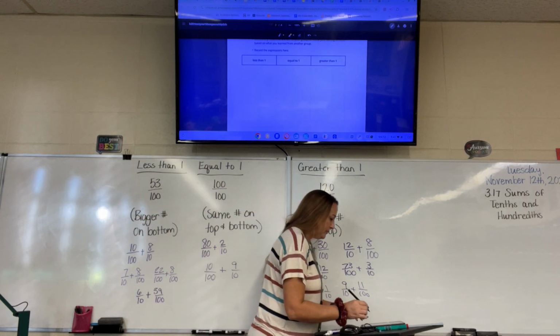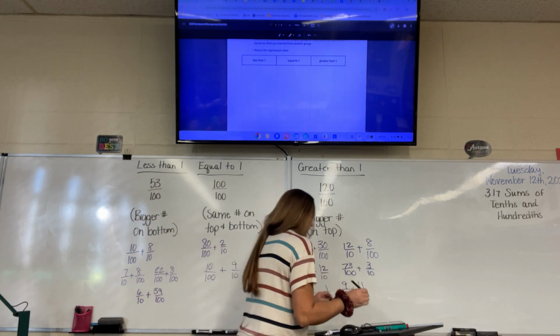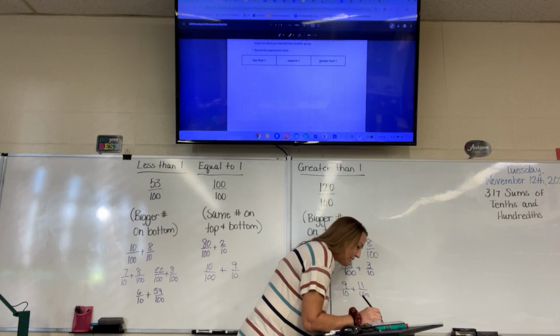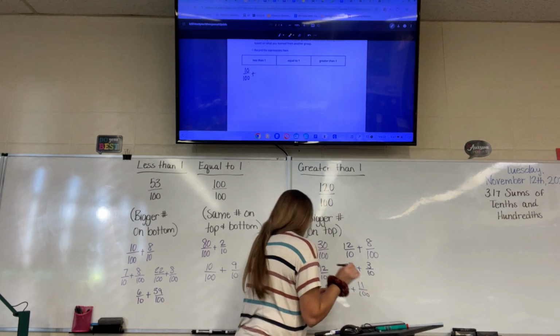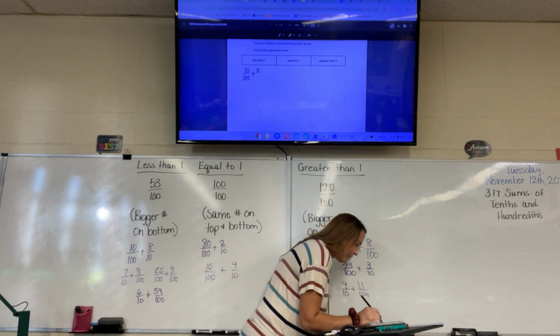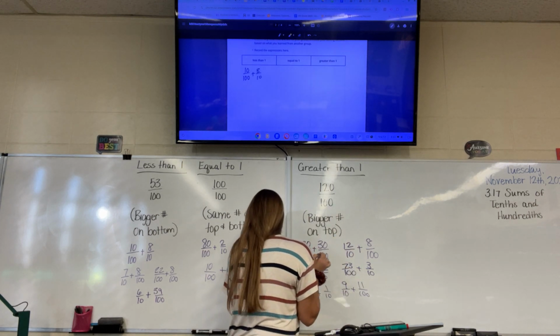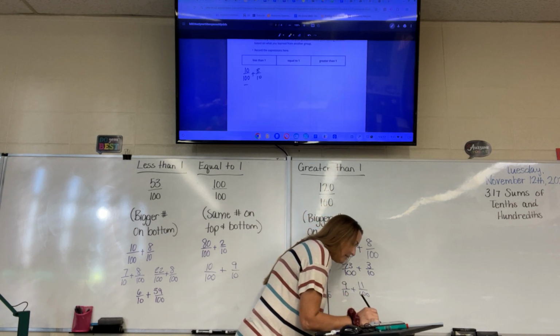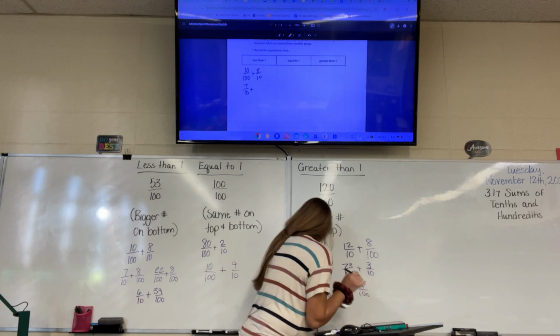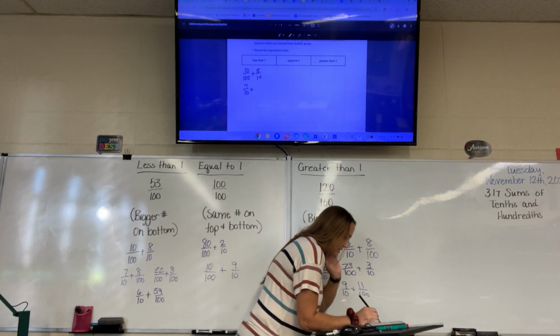fractions in purple. So under less than, we've got, if you didn't get them, 10 hundredths plus 8 tenths. And then 7 tenths plus 8 hundredths.